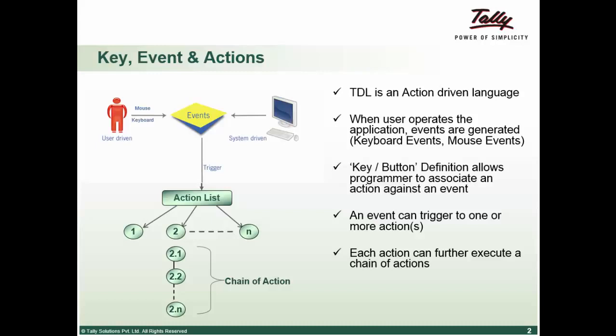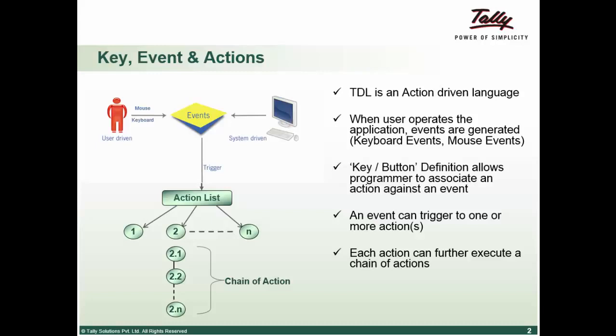Each action can further contain or be a chain of more actions. So the user clicks on the mouse or the keyboard, an event occurs, and triggers the action. This triggering could be more than one action, passed to the system, and the system responds based on the action specified for that event.